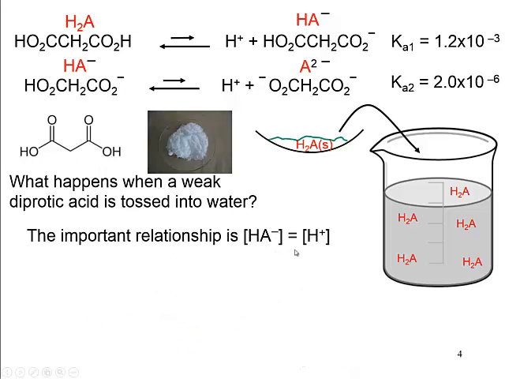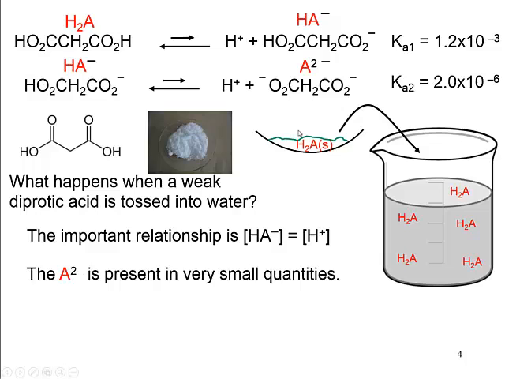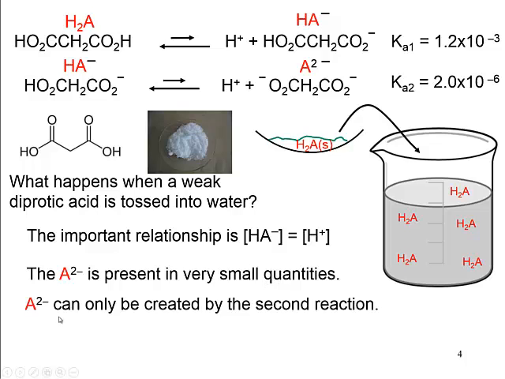When the HA- and the H+ are the same, this has an interesting impact on the dianion in solution. A2- is going to be present in very small quantities, but quantities that are calculable. A2- is only produced in the second equilibrium. So Ka2 describes the equilibrium that produces A2-, and it's products over reactants.